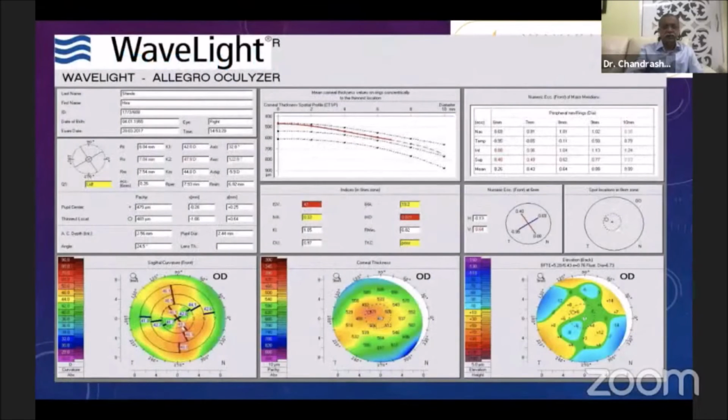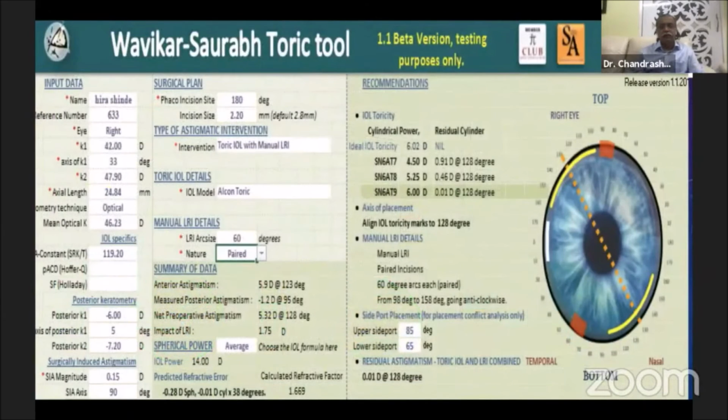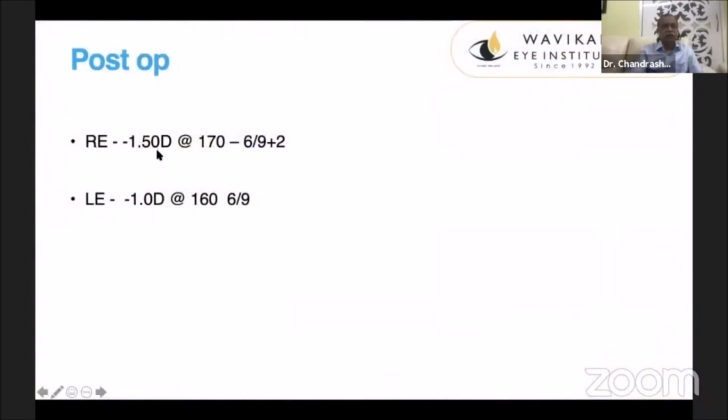This is the Pentacam map of that patient. And this patient required the highest possible toric lens, T9, non-customized, along with a pair of LRI. And the patient had 1.5 diopter cylinder residual in the right eye. Now, considering the complexity of the case, this is a good result.